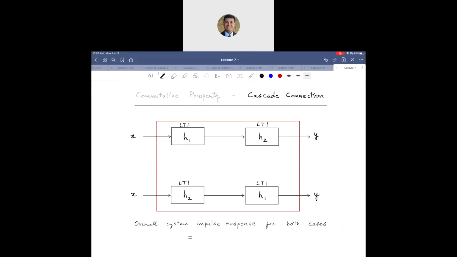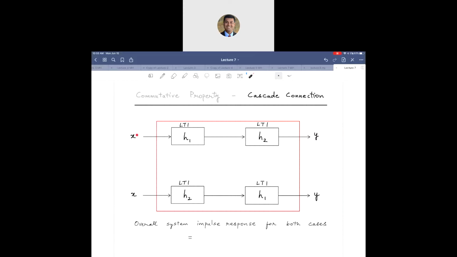They are expressed in the form of their impulse responses as h1 of t or n, it doesn't really matter whether they are continuous time or discrete time. So h1, h2, h2, h1. So the order of those impulse responses is flipped.